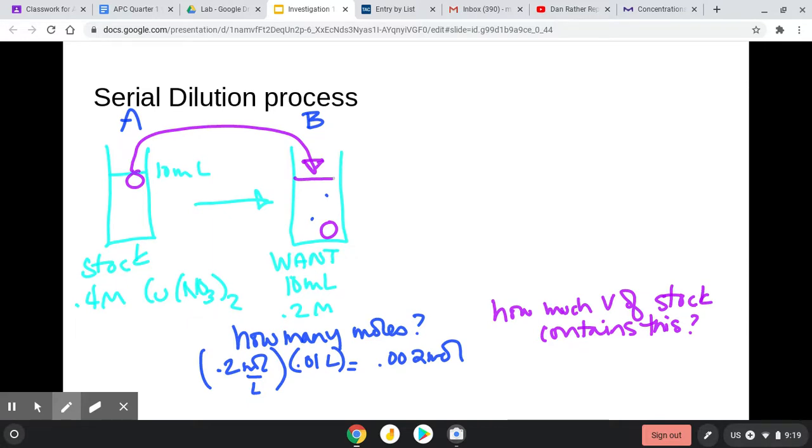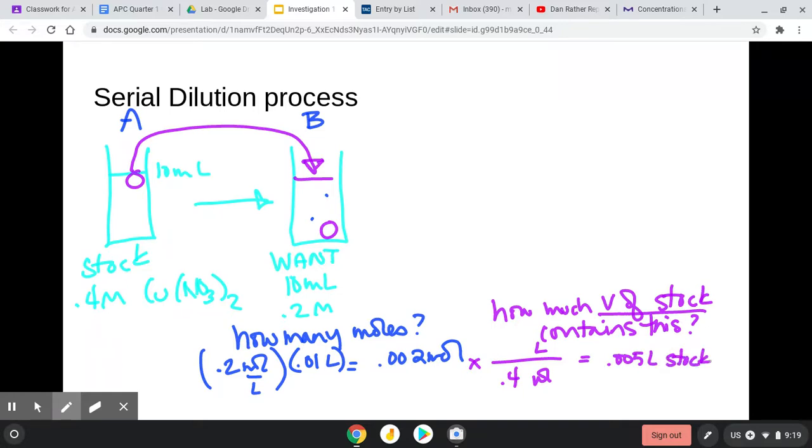Okay, so we'll start with our moles here, 0.002 moles, and we're going to multiply it. We want moles on the bottom and liters on the top. I want to know the volume of stock, so I'm going to use my molarity of stock here. So this is going to equal 0.005 liters of our stock.